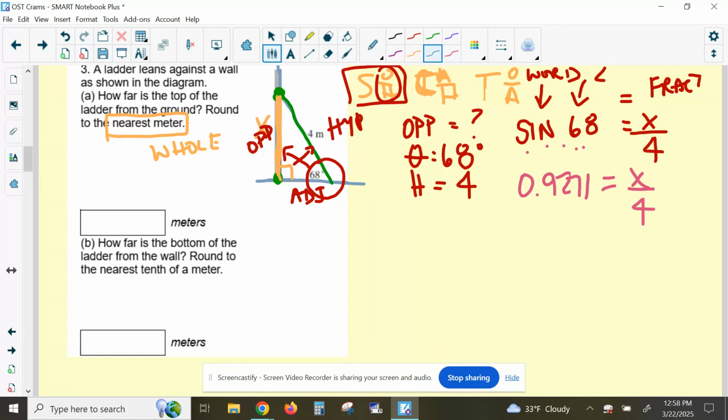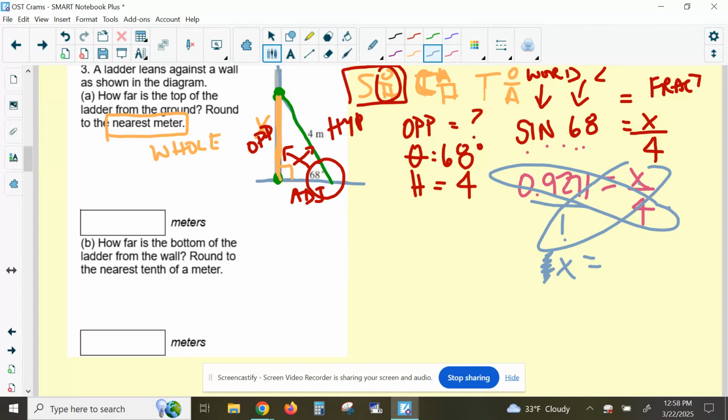Okay, so let's go ahead and solve this. Put this guy over 1, crisscross multiply. So 1 times x is 1x, which is just x, right? So you don't have to write this little 1 here. He's just x. And then we do 4 times that. So 0.9271 times 4.